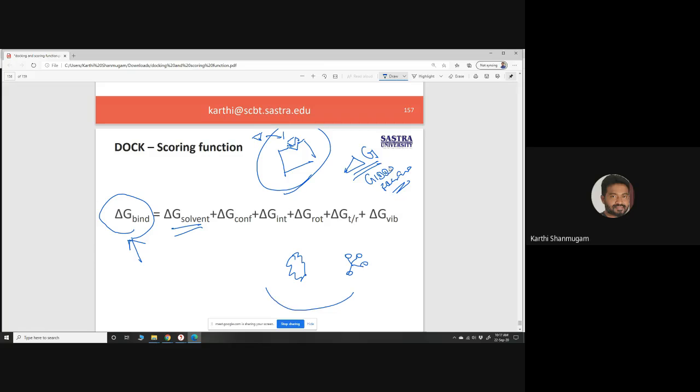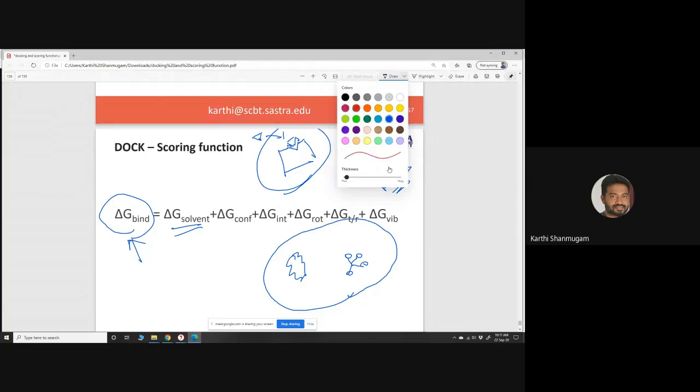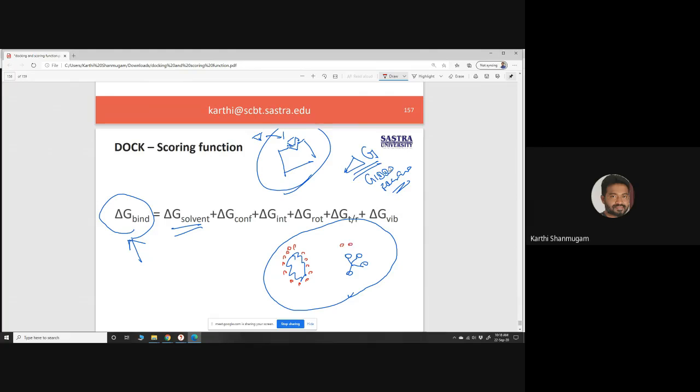Say both the protein molecule and ligand molecule are present within the cell. We cannot directly bind this because the protein molecule is naturally surrounded by some water, because the cell is mainly made up of a large quantity of water. The ligand molecule can also be surrounded by water.